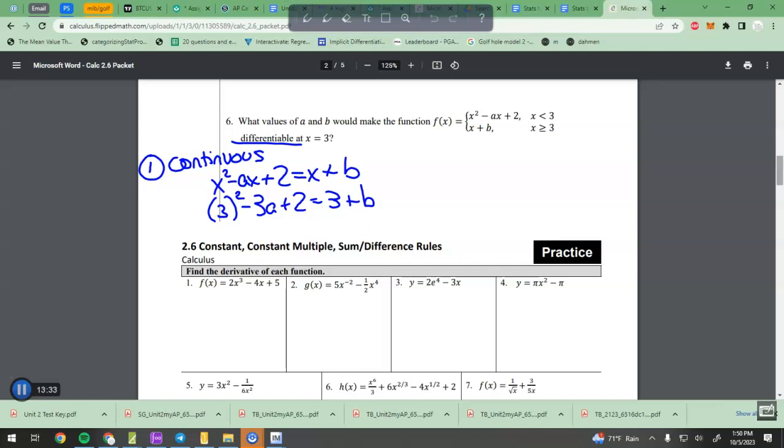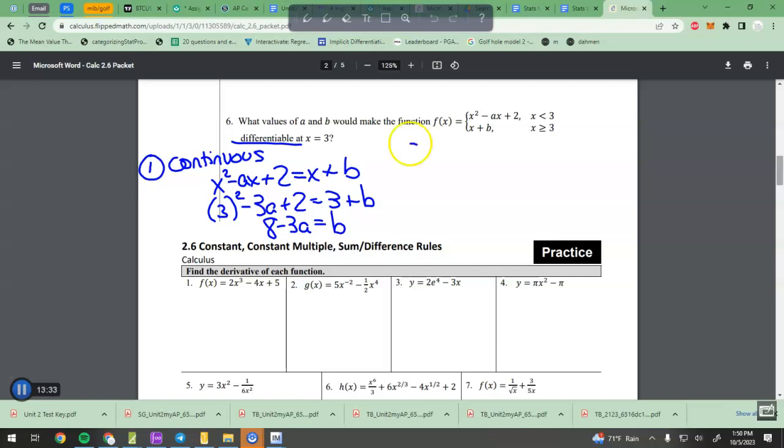This would be 9, 11. If I bring that 3 over, this will be 8 minus 3a equals b. Does that make sense? Just set them equal, plug in an x. But I can't find out what a and b are if I have 2 unknowns in one equation. So I'm going to need another equation.